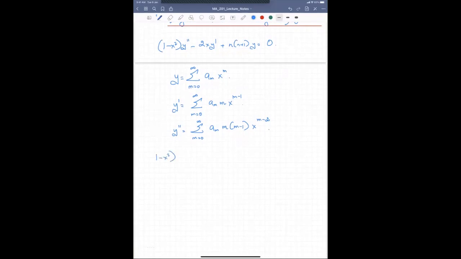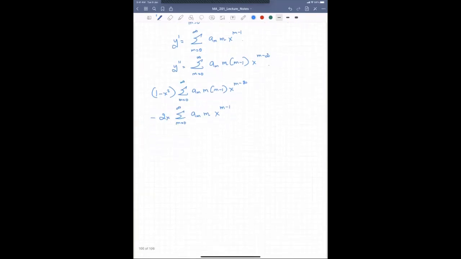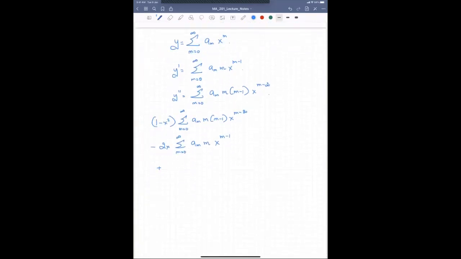If I substitute all of these things, this becomes (1 minus x squared) times the sum from m equals 0 to infinity of a_m m (m minus 1) x to the m minus 2, minus 2x times the sum from m equals 0 to infinity of a_m m x to the m minus 1, plus n(n plus 1) times the sum of a_m x to the m equals 0.